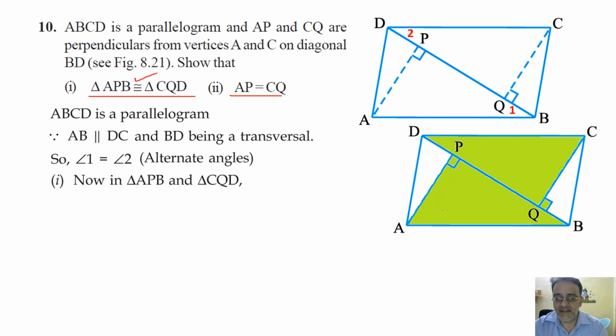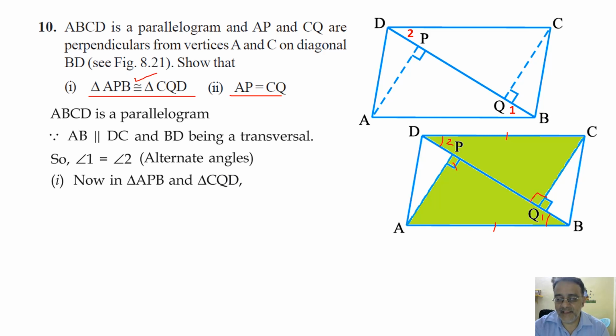So let us start. Angle 1 is equal to angle 2, already proved above. And AB is equal to CD. Why? Opposite sides of a parallelogram. Very good. And these two angles are equal. Why?